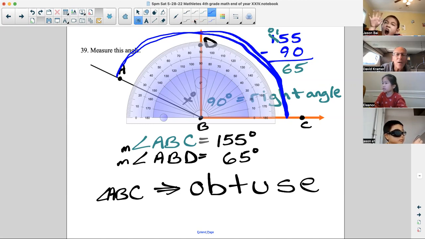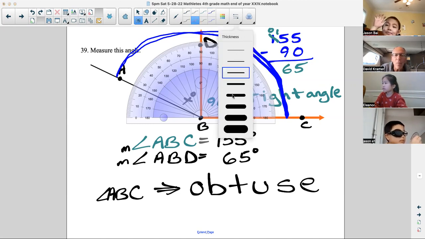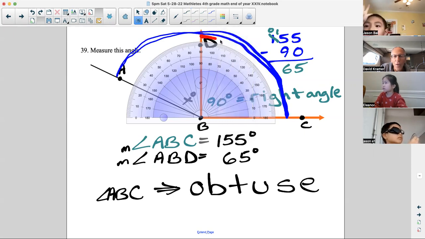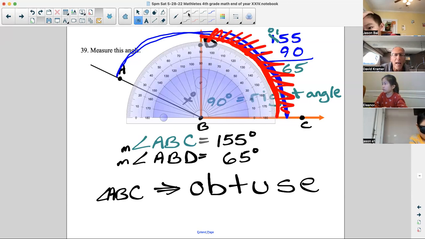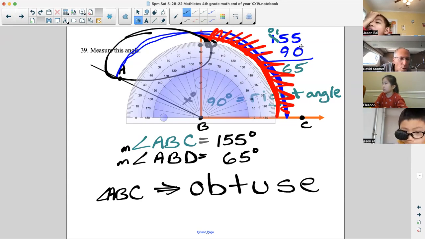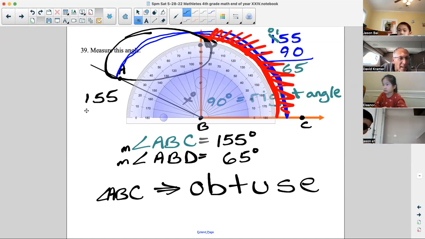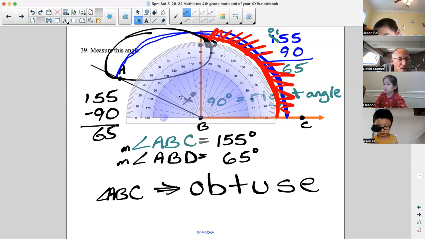And if I take away the right angle, the 90-degree angle, how much angle is left? Well, all Jason B did was he took the 155 and subtracted 90 degrees. And if you take 90 away from 155, you end up with 65 degrees.